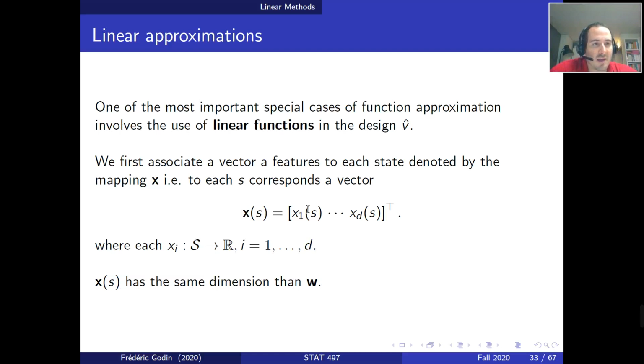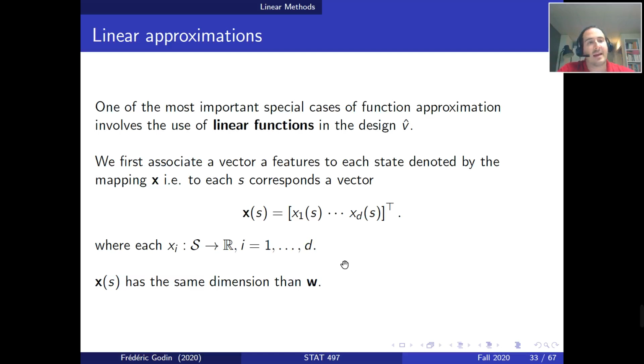So based on this information, we can construct a feature vector associated with the state. So X is some mapping which extracts partial information from that state. Here x(s) contains all these characteristics of that state.